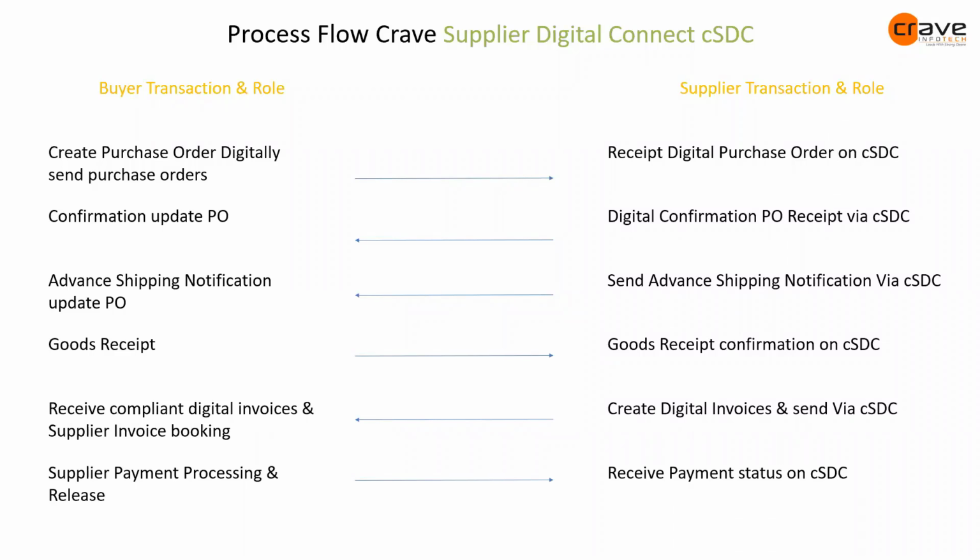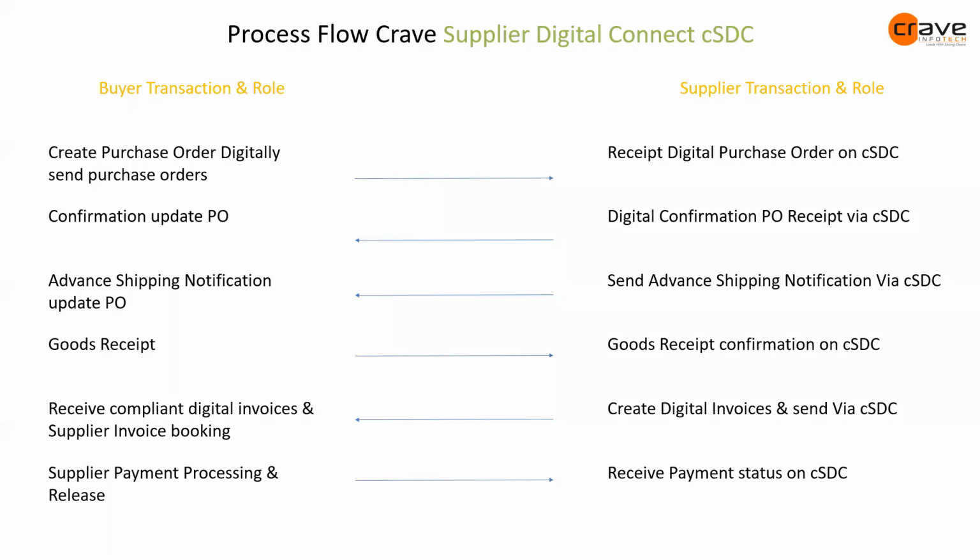So your supplier will know, okay, this is the purchase order issued to me. They will receive that the PO is accepted. They can send advance shipment notification. They can upload invoices, and they can receive payment statuses.